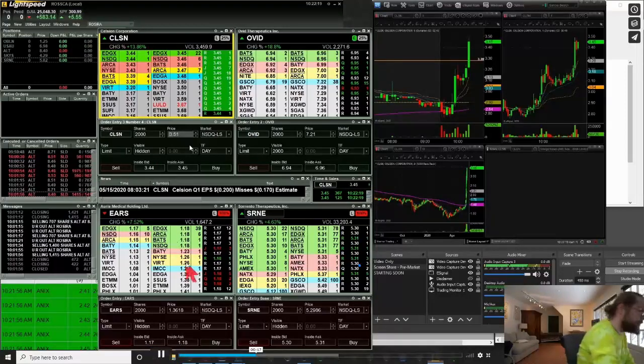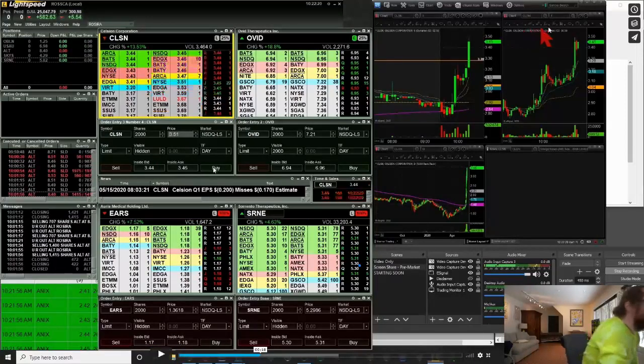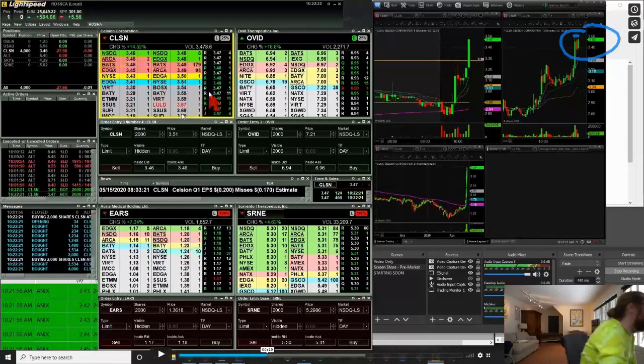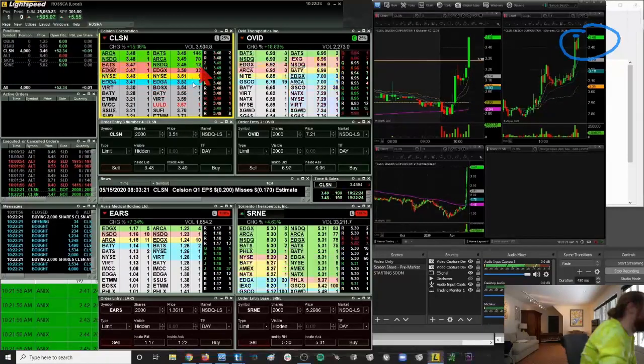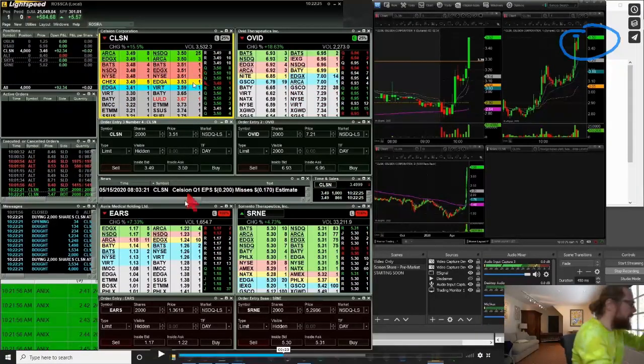All right, so here on CLSN, look at this. We have a pullback happening right now at 350, which is the $0.50. This is a micro pullback. I just bought right there at 46. I see a seller at 49, and I'll probably add there. See, it goes, see the countdown?